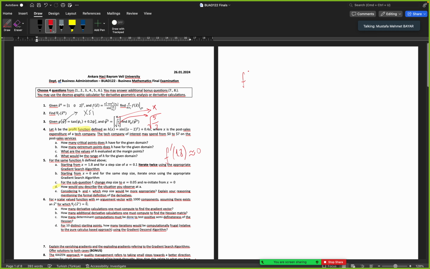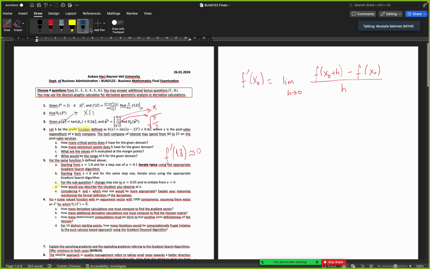F prime of x0 is equal to the limit as h goes to 0 of f of x0 plus h minus f of x0, over h. So this is the rate of change, actually, when the change is converging to 0.